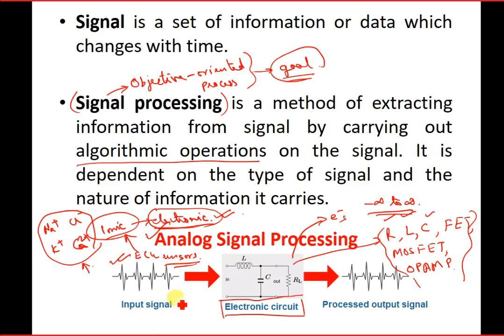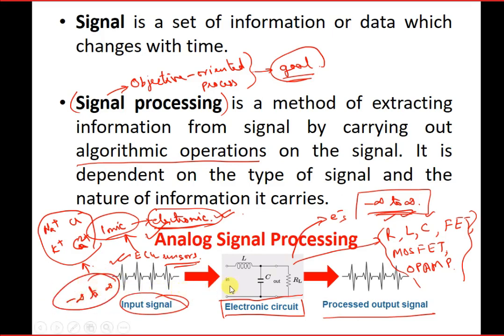So we get the signals, we have the electronic circuit where it can take a signal having an amplitude of minus infinity to plus infinity, and based upon the nature of the circuit we design, we get a processed output signal wherein the amplitude remains in the range of minus infinity to plus infinity. Even the input signal can have an amplitude in the range of minus infinity to plus infinity.